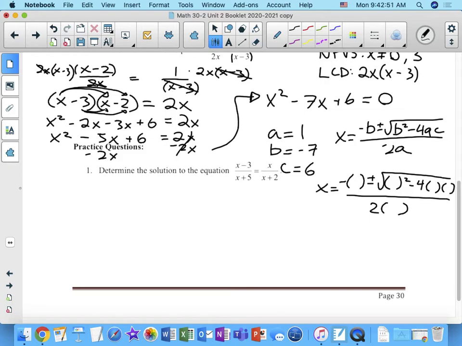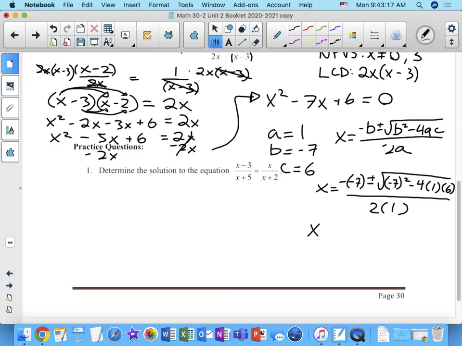Okay, so I'll plug in a -7 for B. And then A is 1, C is 6, and 2A is 1. Okay, and we'll start with the radical part. So -7 all squared minus 4 times 1 times 6.